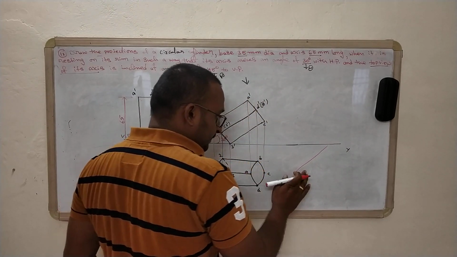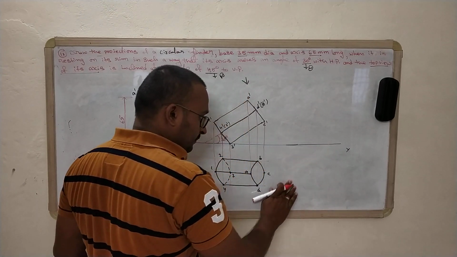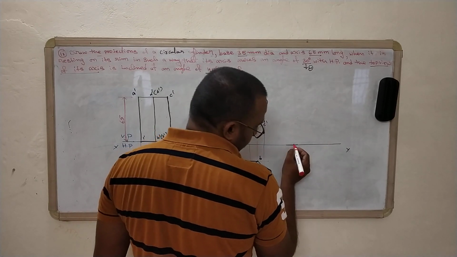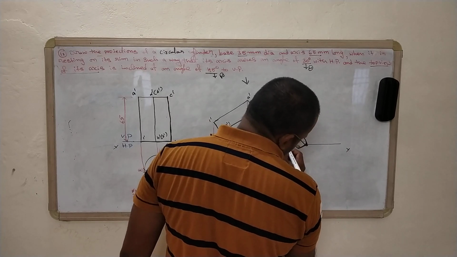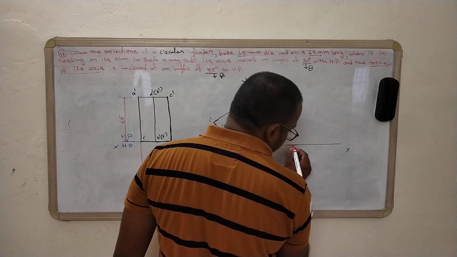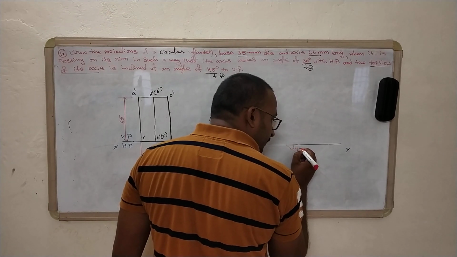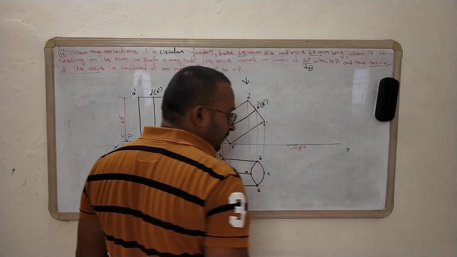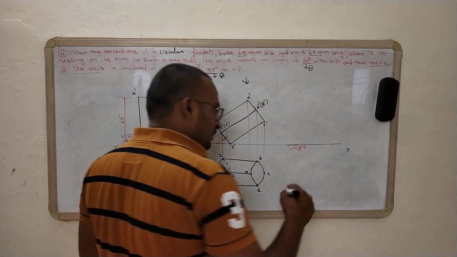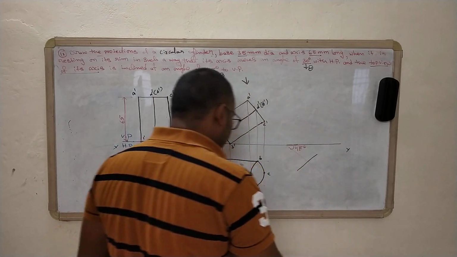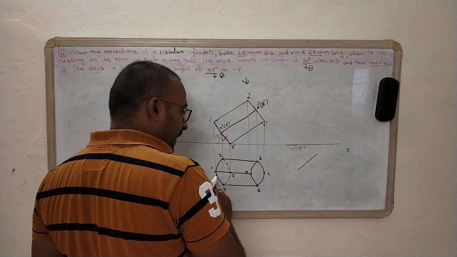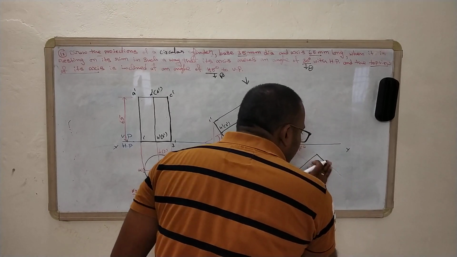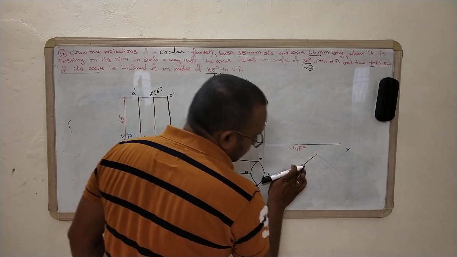The center axis, 45 degrees. Then here the perpendicular line, right, the 1 2 line like this. So then draw the diagram as it is.